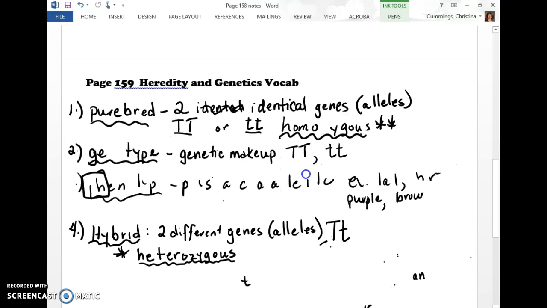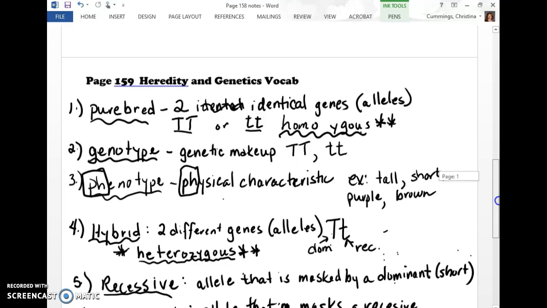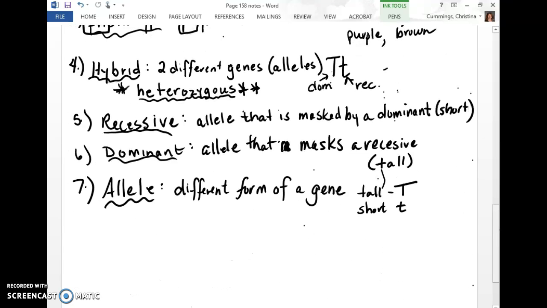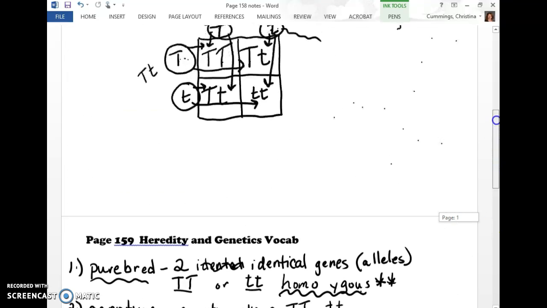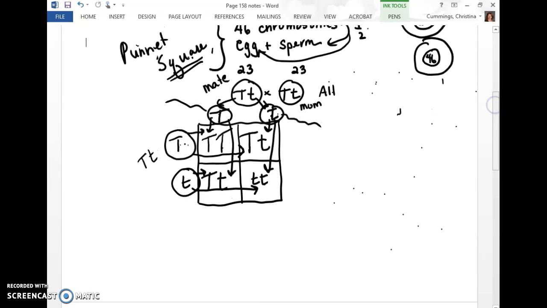So now we can see the genotypes of the offspring. The genotypes are capital T, capital T, capital T, lowercase t, that's one.